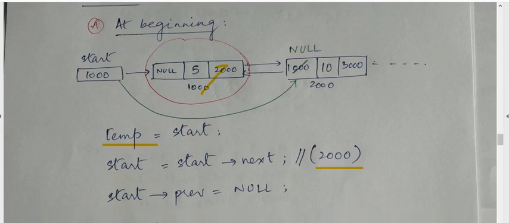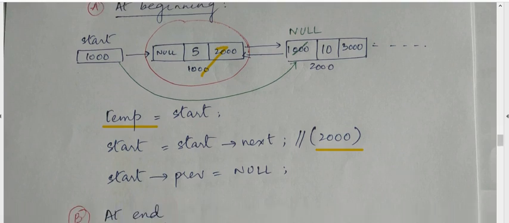But good programming practice is that once you save the node which you are going to delete in this temp, you have to free it. Before freeing, you also see start to previous.